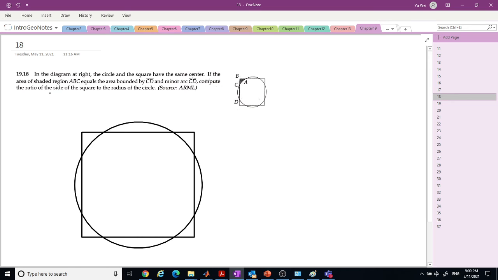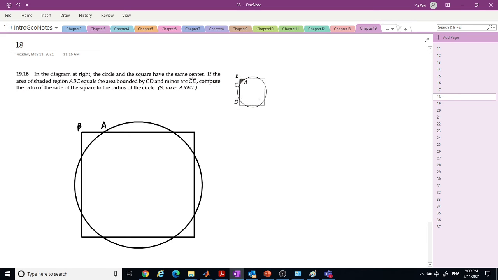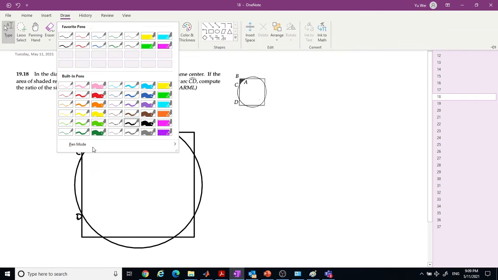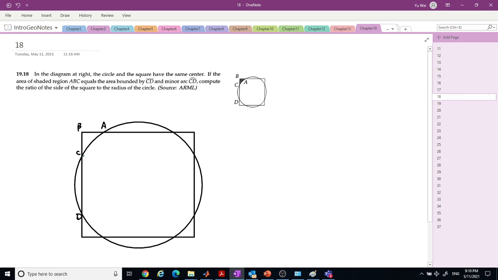It says the area of the shaded region of BAC is equal to the area bounded by CD and the minor arc of CD. So the area of this one is equal to the area of this one, which lets you compute the ratio of the sides.